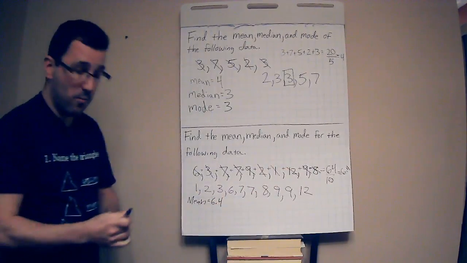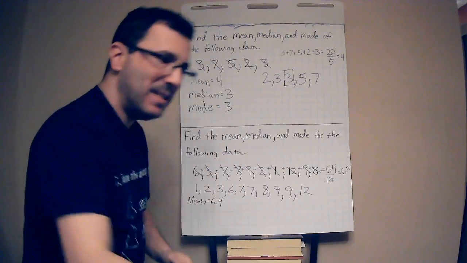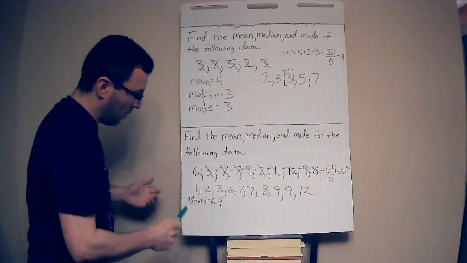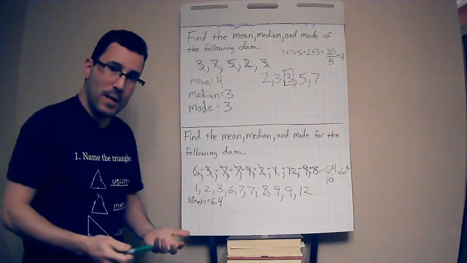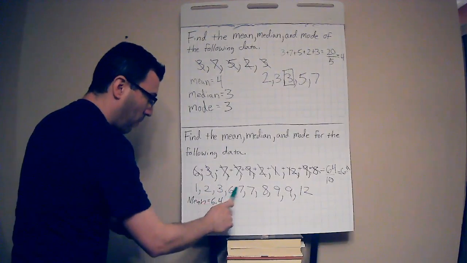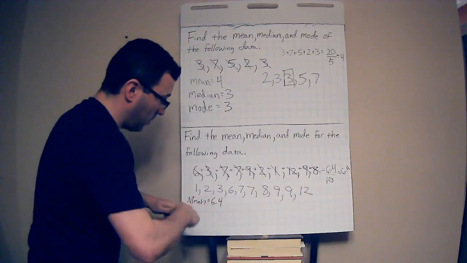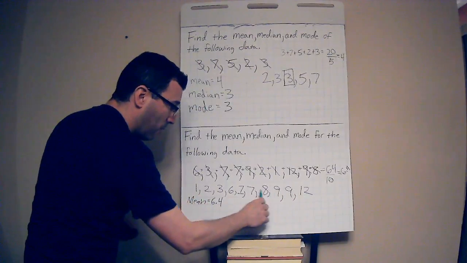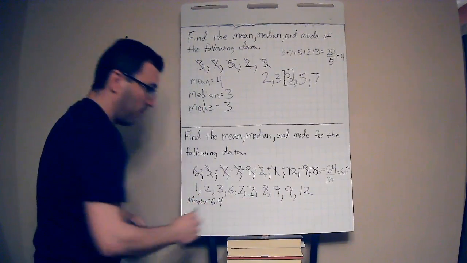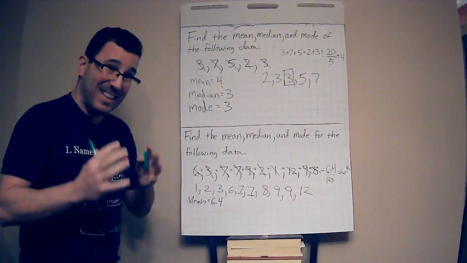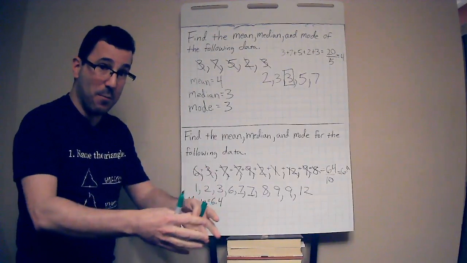So now I had 10 numbers. So half of 10 is 5. So 1, 2, 3, 4. Here's a 7. I'm going to underline that. Let me go from the other direction. 1, 2, 3, 4, 5. Another 7. Now, notice I didn't land on the same exact number.